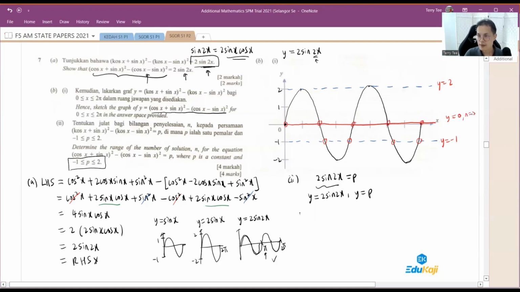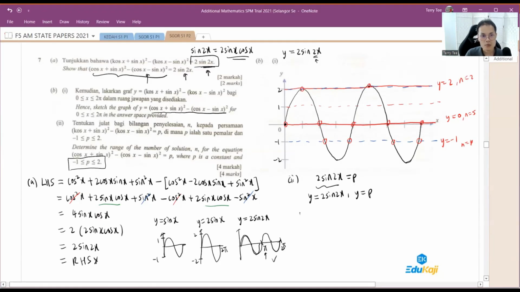So my n is 5. Just now, my n equals 4. And if I draw on top here, also 4, it's the same. If I draw close to the top here, how many solutions? 1 and 2. So my number of solutions is 2.